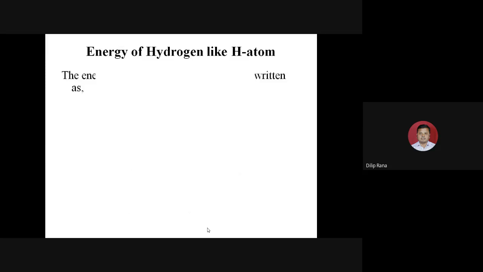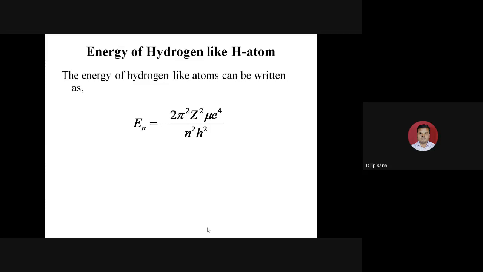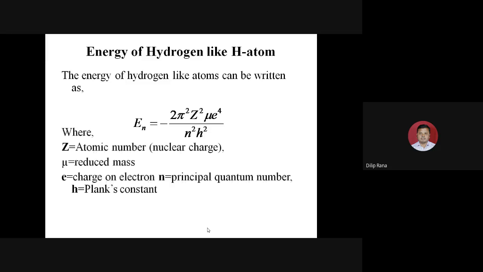Last topic of the day, that is the hydrogen energy. This is given directly. The energy can be determined by this equation, where Z is the atomic number, that is the nuclear charge, mu is the reduced mass, e is the charge on the electron, n is the principal quantum number, and h is Planck's constant.